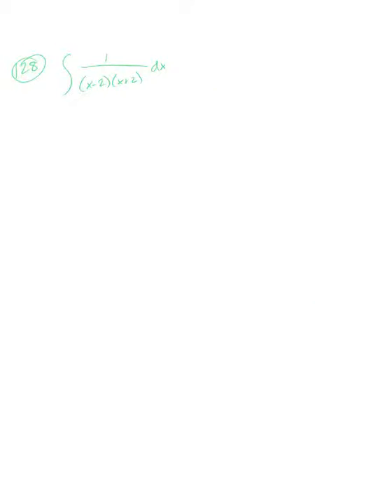Another partial fractions. This time they were nice enough to factor the denominator for us. So I'm going to work on breaking this up using partial fraction decomposition. I have unique linear factors, so each one becomes the denominator of a new fraction with a constant on top.